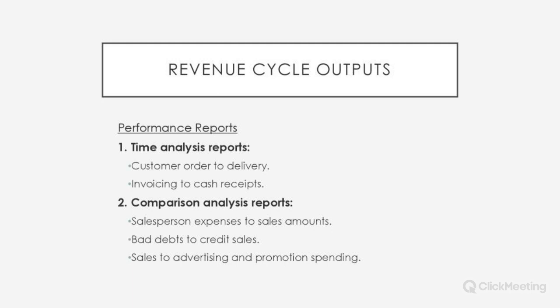Second type is comparison analysis reports, which could be salesperson's expense to sales amount, how much expenditure was related to the sales that did take place, how much bad debt was against credit sales, and also sales to advertising and promotion spending. So these are about understanding how much profit the business is going to make through comparison analysis reports.